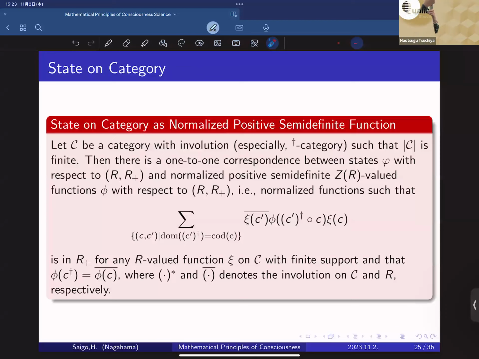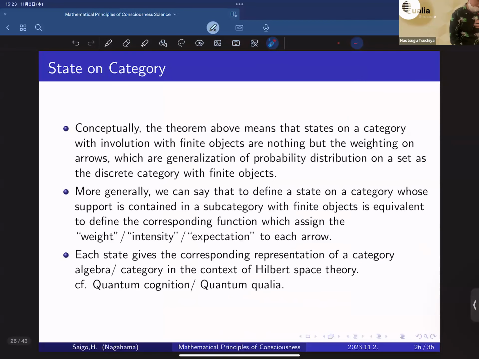In complex cases, its value doesn't have to be positive, but there is some generalized notion of positivity here. In quantum mechanics or quantum field theory, this kind of positivity condition is very important.